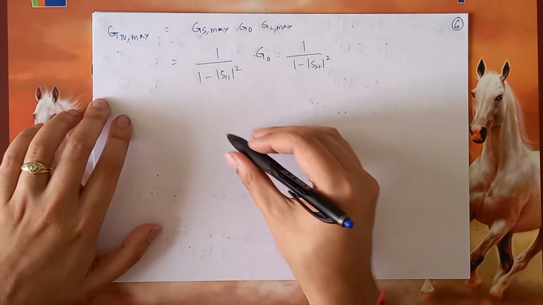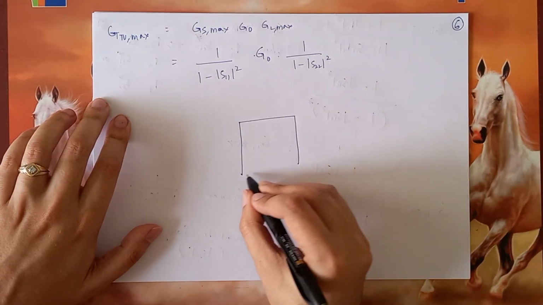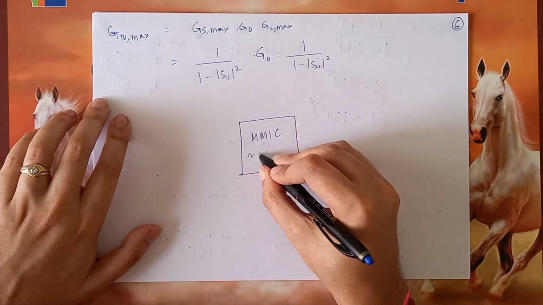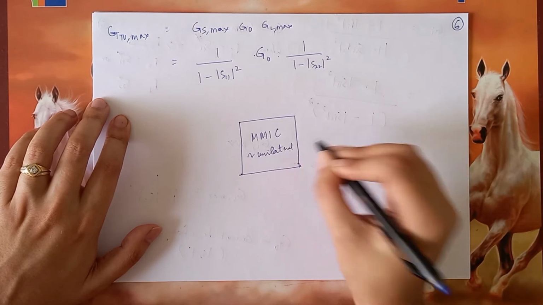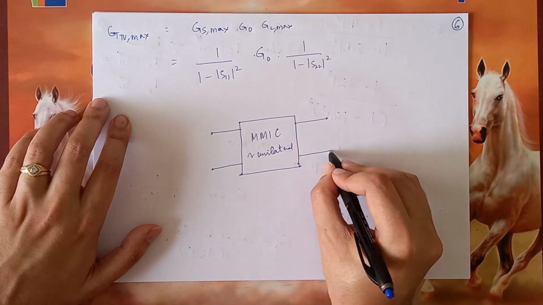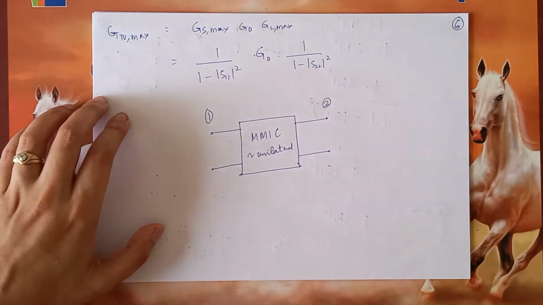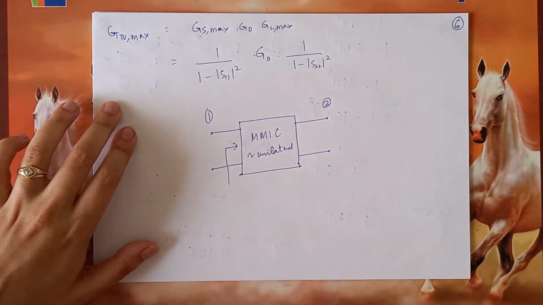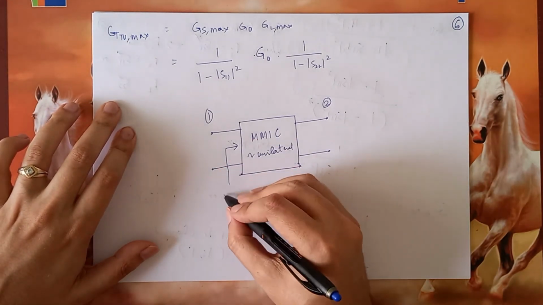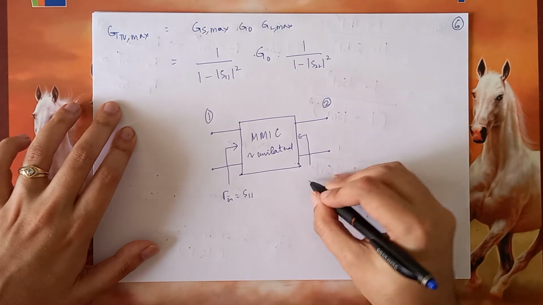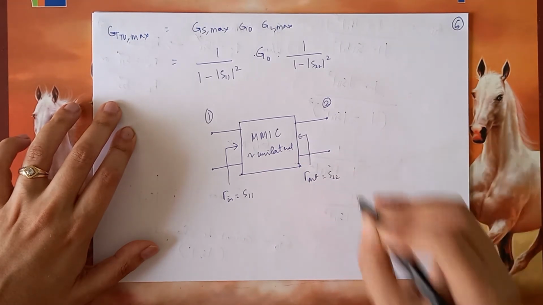So therefore, if I have an MMIC which is almost unilateral, this is port 1, this is port 2. Now, if I have to get the maximum possible gain out of this MMIC, the reflection coefficient gamma in is S11 now for unilateral, and the gamma out is equal to S22.